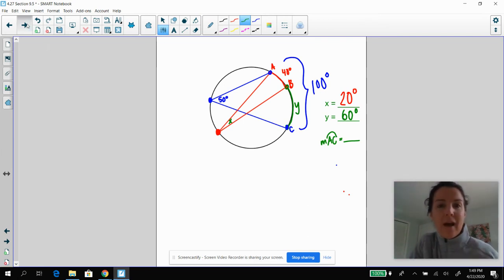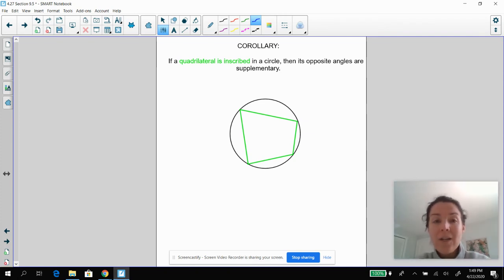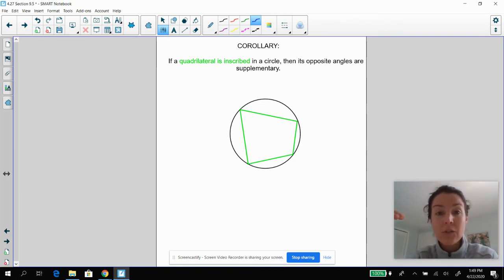Excellent. Okay, so a quick little corollary here, and this is actually, I think, one of the coolest things ever. If I know that I have a quadrilateral that is inscribed, now remember, inscribed means that all of the vertices are on the circle. So if my quadrilateral is inscribed within the circle, its opposite angles are supplementary, and here's why.